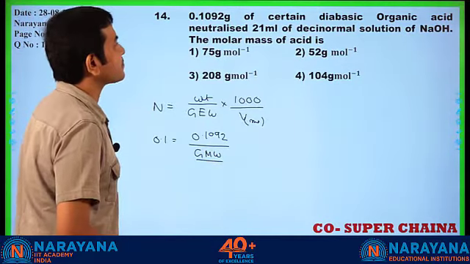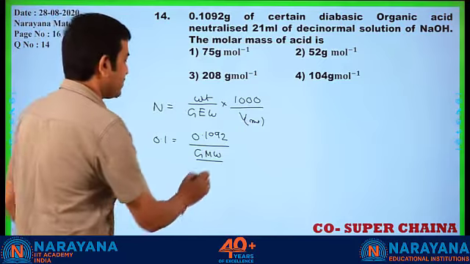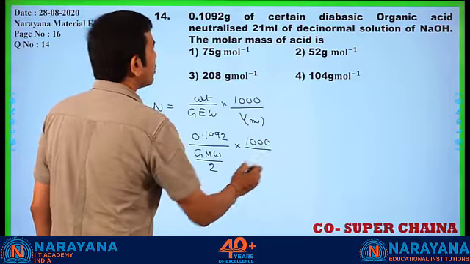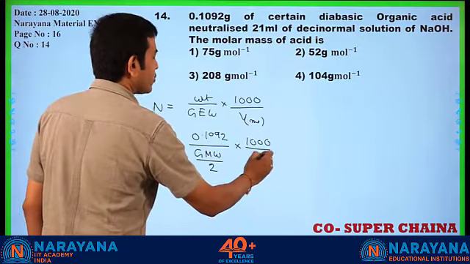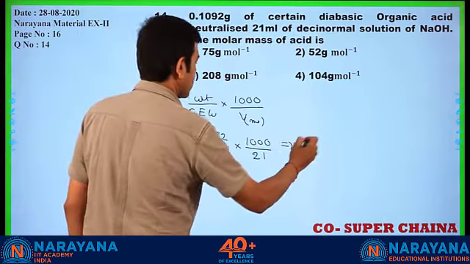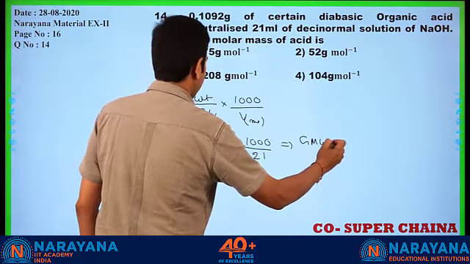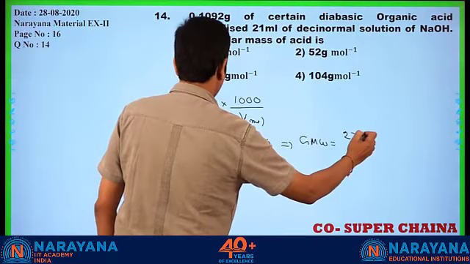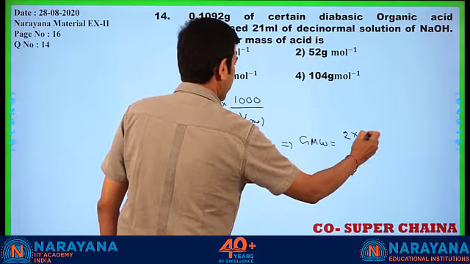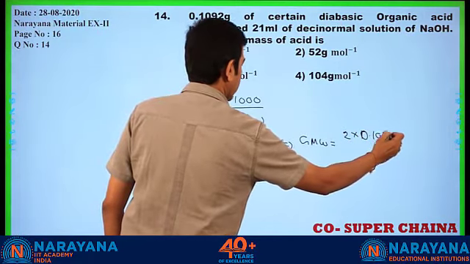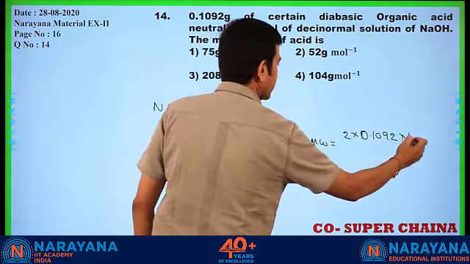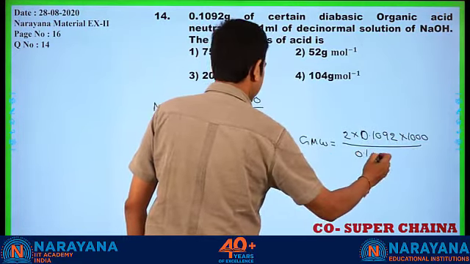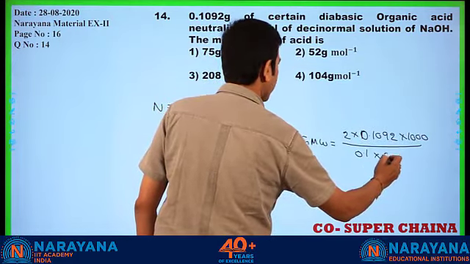Basicity is given as dibasic, meaning basicity is 2, into 1000 by volume 21 ml. Here gram molecular weight is equal to 2 into 0.1092 into 1000 divided by 0.1 into 21.